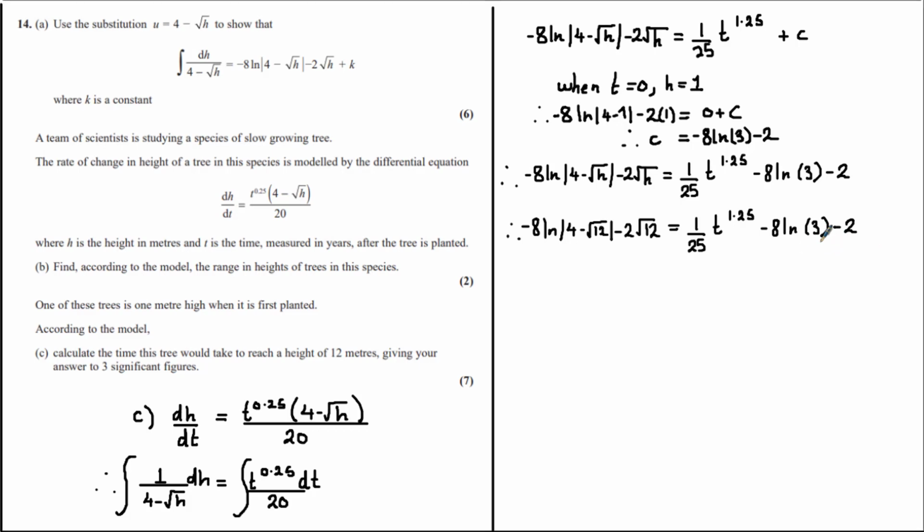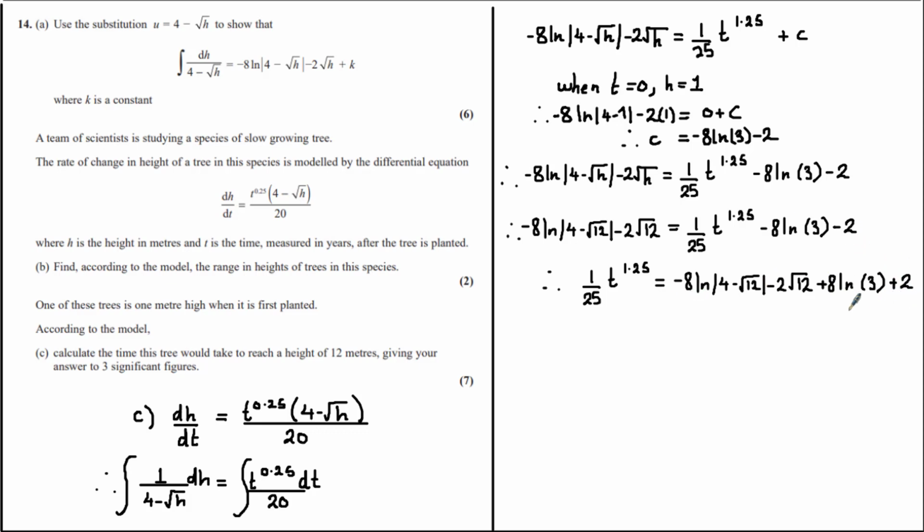We can move these terms to the other side of the equation by adding 8 ln 3 plus 2 to both sides, and therefore we get 1 over 25 times t to the power of 1.25 is equal to minus 8 ln of 4 minus the square root of 12 minus 2 root 12 plus 8 ln of 3 plus 2. Okay, so be careful of the sign change.